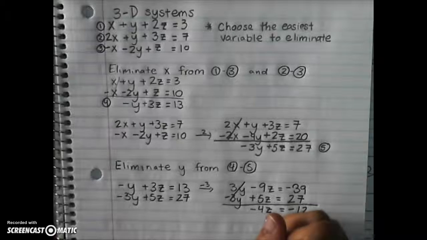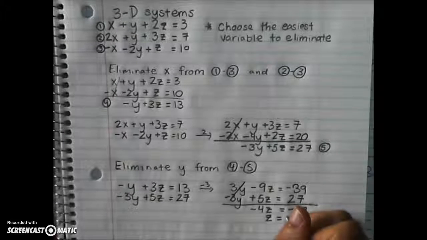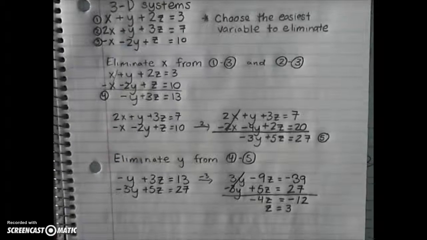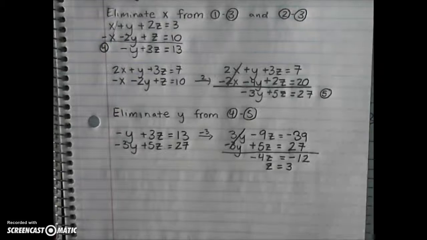Now we have our first variable, z equals positive 3.